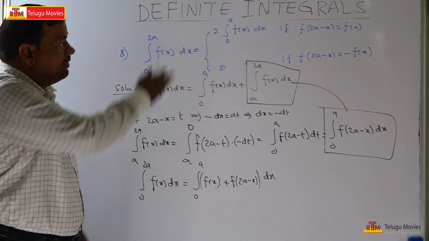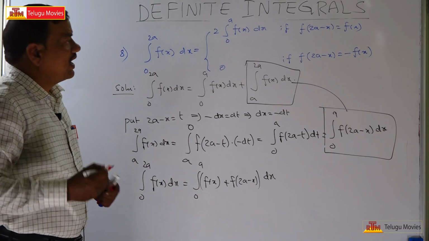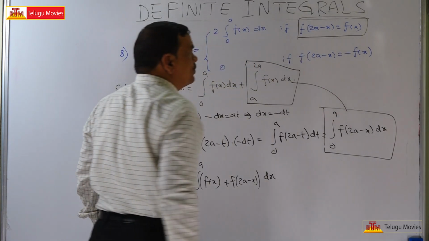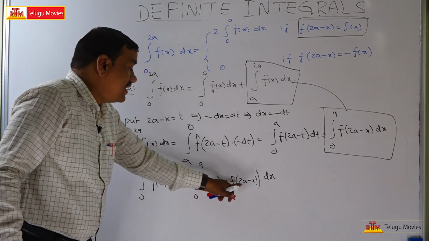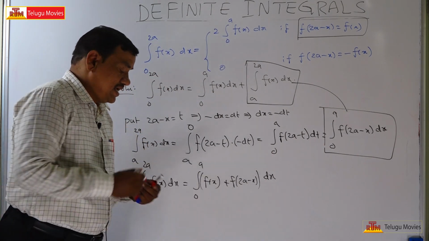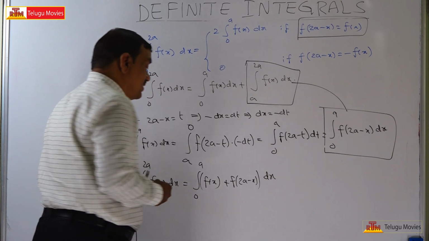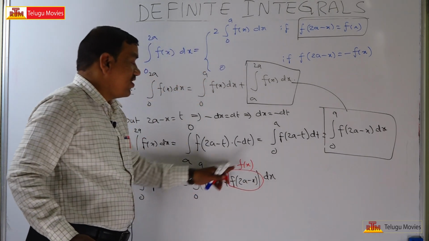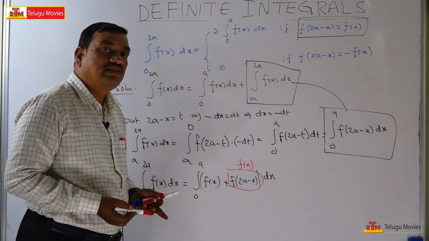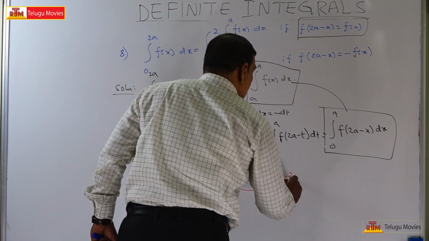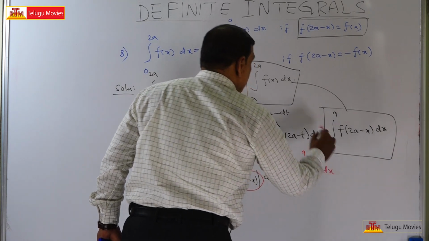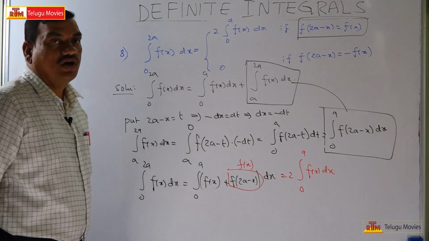Now, coming to your problem, see here, if f of 2a minus x is equal to f of x, in place of f of 2a minus x, write f of x, in place of f of x, what happens? F of x plus f of x, 2 times f of x, therefore, it will become 2 times 0 to a f of x dx. Okay, now, we got the first result.